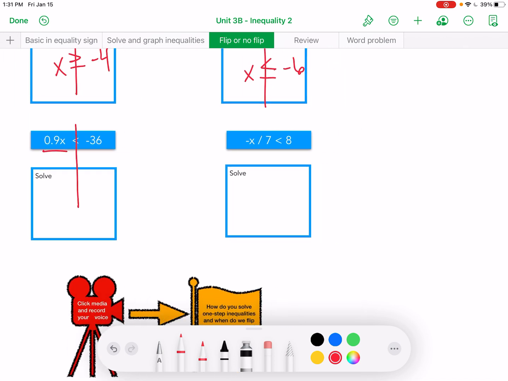Here we go. We're going to divide both sides by 9/10. It's a positive, so we do not need to flip the inequality. That cancels out. X is less than... and now think about this. You're going to divide 36 by 0.9, right?